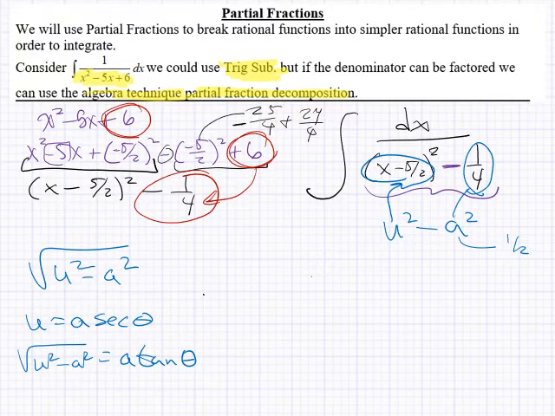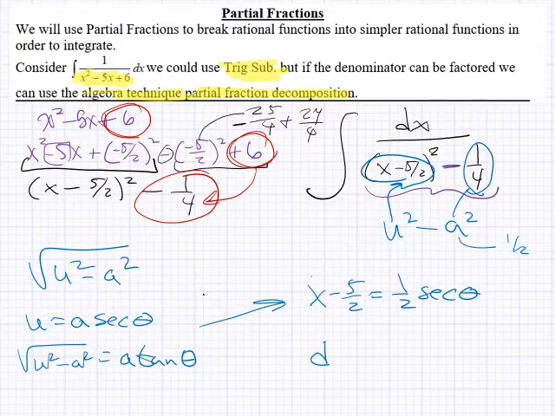Now, in this example, that would tell me that u, which is x minus 5/2, should equal 1/2 secant theta, and then dx could be found by just moving the 5/2 to the other side, or even still just differentiating both sides.